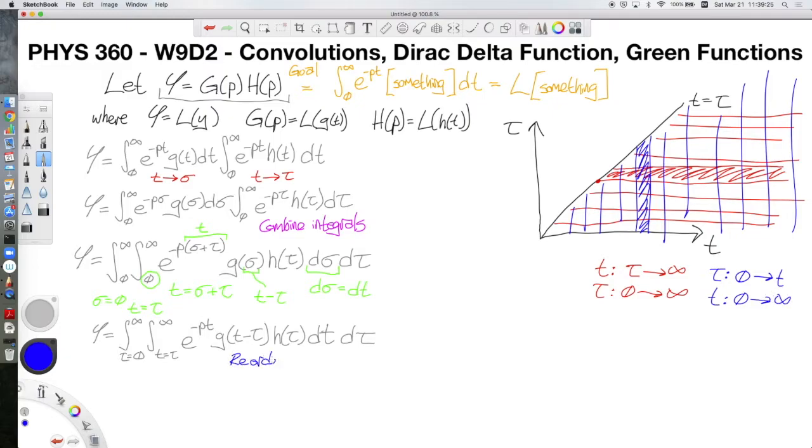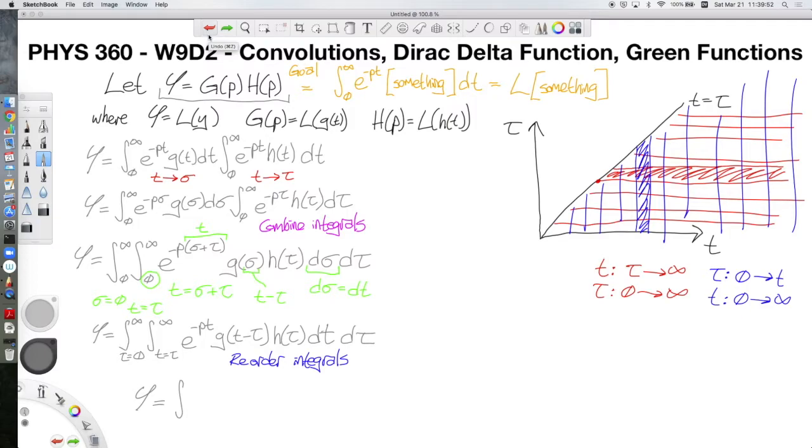So in our quest to reorder these integrals, we can instead say that Y is equal to the integral, again, let's be very clear here. Where are we?